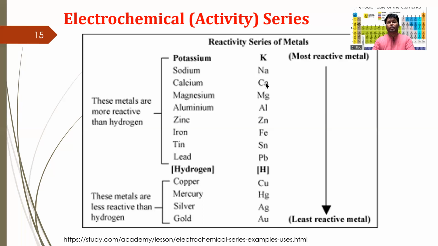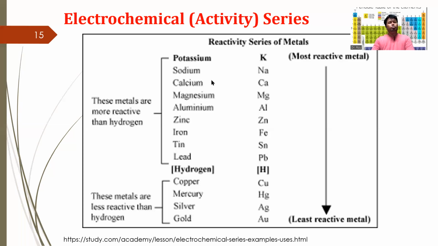Even if we have calcium and magnesium, or calcium and iron, the calcium will donate electrons faster than magnesium or any other element. So any metal in a higher position in this reactivity series can donate electrons faster than any metal in a lower position.